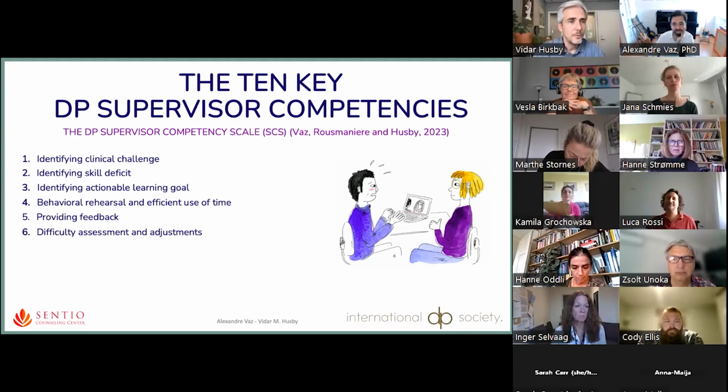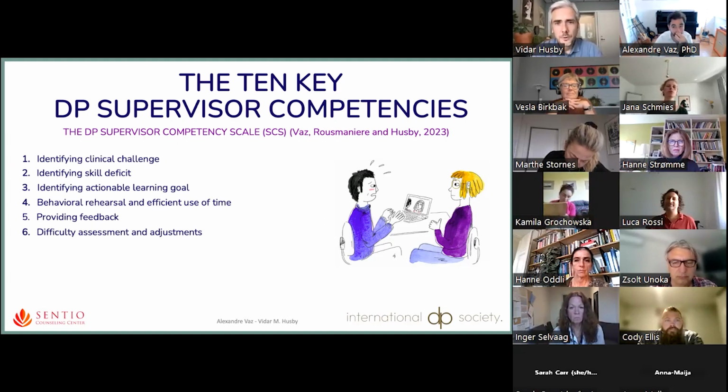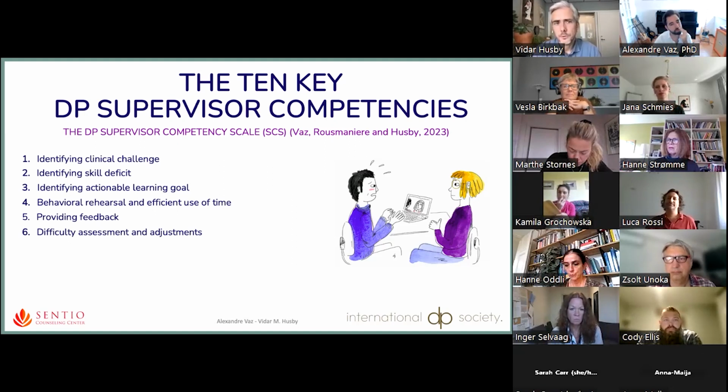And then we focus on how to make the difficulty assessment and adjustment, and you will learn how to teach your supervisee to assess difficulty of practice and to make the difficulty adjustment accordingly. You'll receive training in making proper adjustments to practice to ensure it's neither too hard nor too easy. And we'll focus on how you can go about doing this non-shamingly.